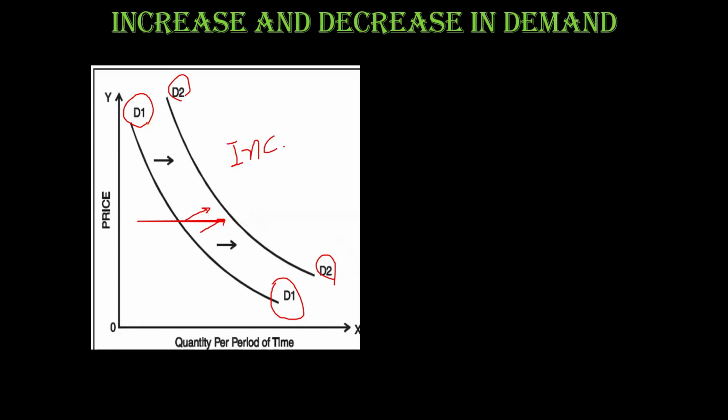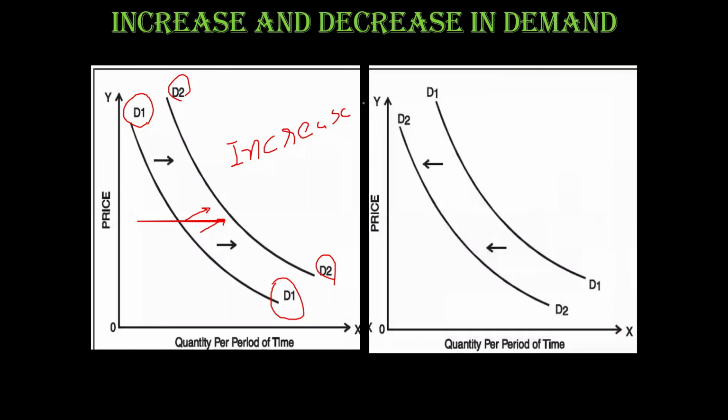Now when there is increase in demand, it is right side shift, and we can see left side shift here. In this particular diagram, original demand curve was D1, but the new demand curve D2 is there. This is left side shift.